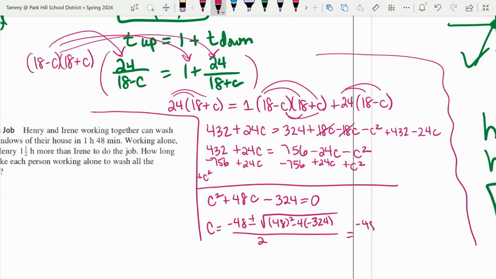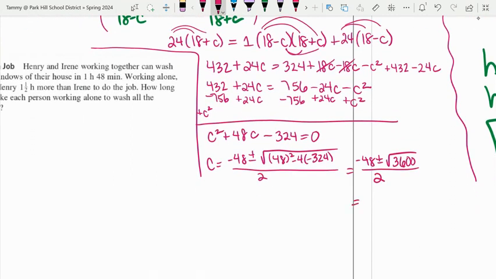So negative 48 plus or minus the square root of 48 squared minus 4 times negative 324, which is 3600, all over 2. So negative 48 plus or minus 60 over 2.